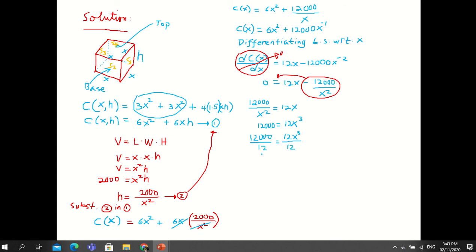So on the left side we have 1000, and on the right side we have x cubed.